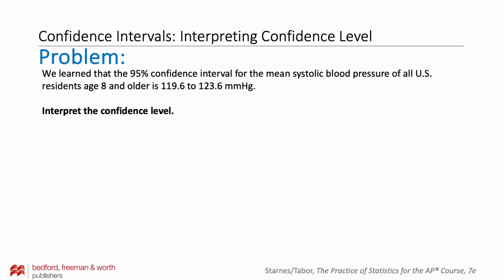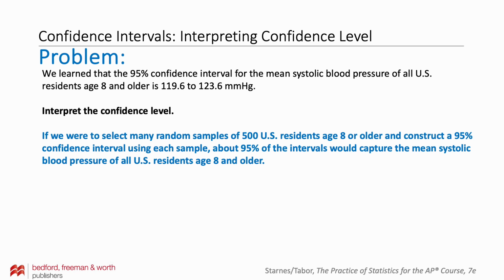So the way we interpret the confidence level is, if we were to select many, and it's very important that you write many, random samples of 500 U.S. residents age 8 or older and construct a 95% confidence interval using each sample, about 95% of the intervals would capture the mean systolic blood pressure of all U.S. residents age 8 or older.